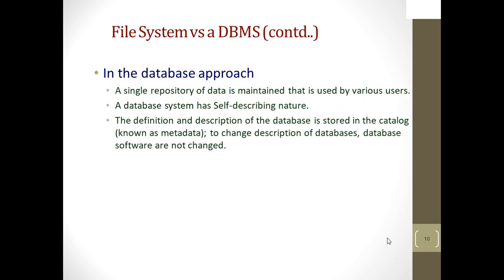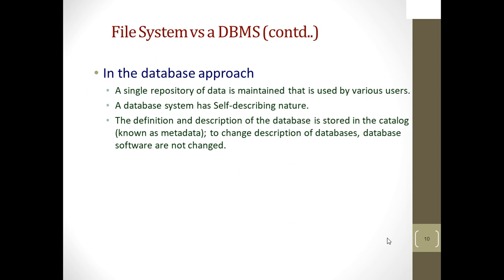So now let us understand what happens in the database system. In the database system, there is a single repository of data which gets maintained for various users, and it is self describing in nature. That is, it stores that there is a customers table.